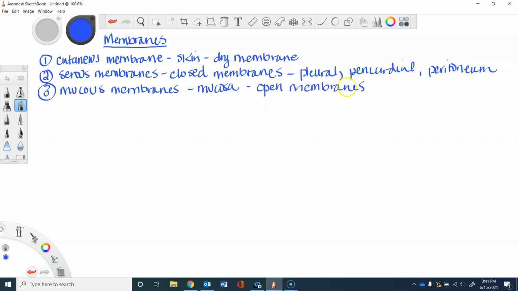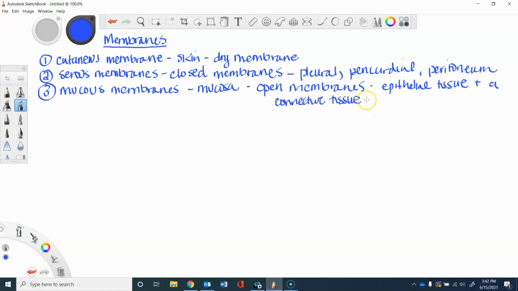Mucous membranes are basically made out of an epithelial tissue plus a connective tissue.